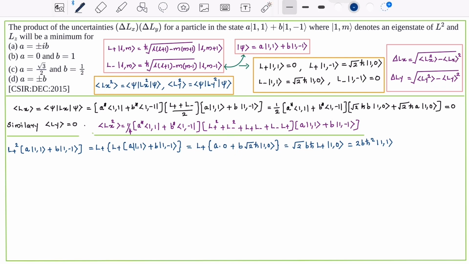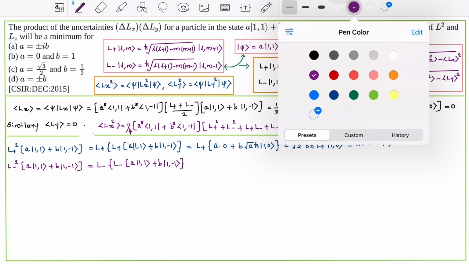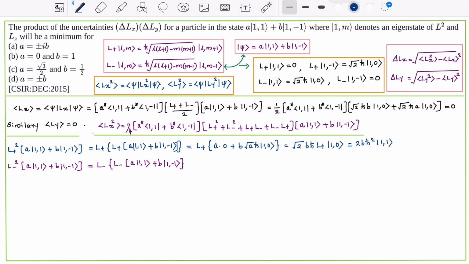In the same way, L minus square acting on A|1,1> + B|1,-1> is L minus acting on L minus (A|1,1> + B|1,-1>).